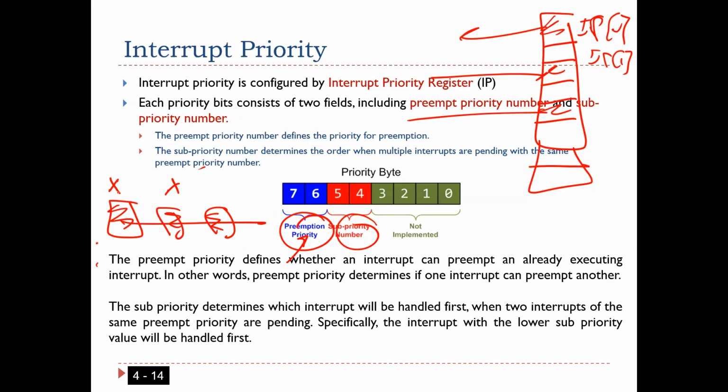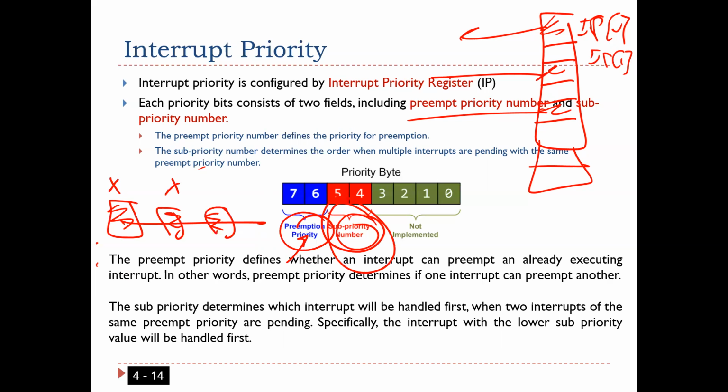In this case, I'm going to look at the sub-priority number to decide which one I have to select. This is a different scenario, if I have several pending interrupts. Which one do I have to select? Number 1, I'm going to look at the preemption.